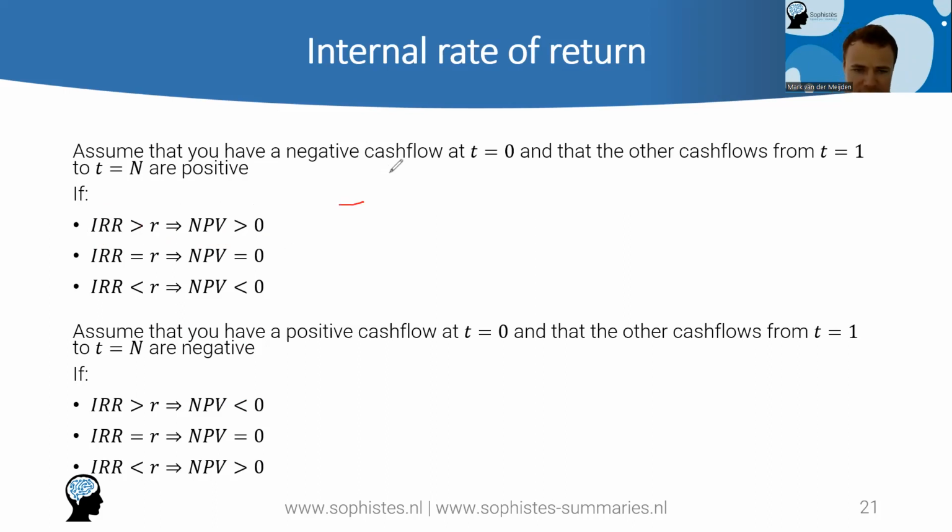But that was because at moment 0 you had minus 100, and then in moment 1 you had a positive cash flow. Then the IRR was 10%, and I said if the discount rate is smaller than that, then the NPV would be positive. But that's just because this was the formula.